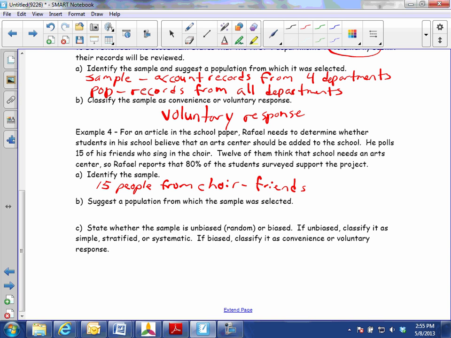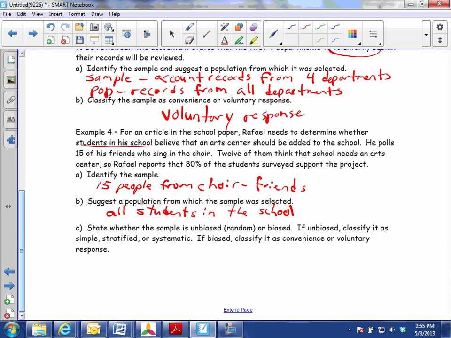Okay, population. So what really should be represented? The whole school, because the students in the school. So I would say all the students. What about one from every different class?